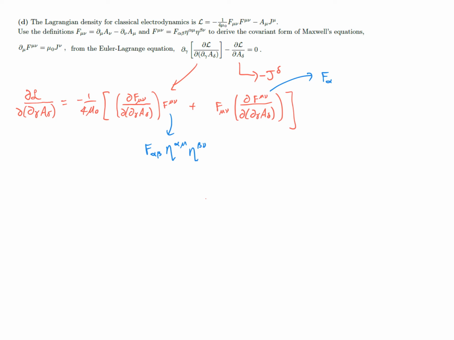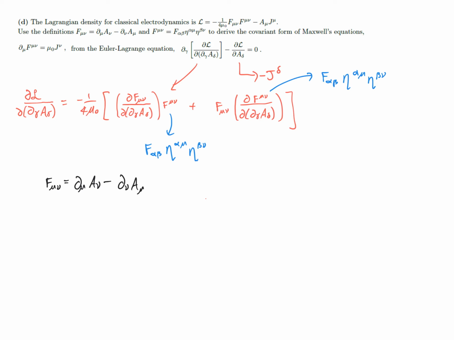And it's exactly the same expression. Notice, however, that these etas don't depend on the potentials, so we can take those out of the derivative. So how do we actually compute these derivatives? Let's be really careful with it. First of all, let's just write out the electromagnetic field tensor in terms of derivatives of the four potential.